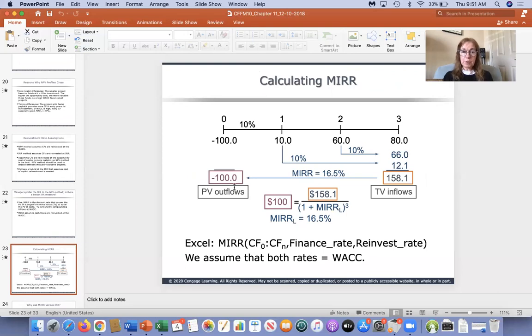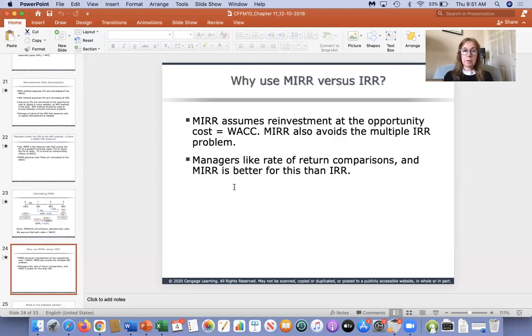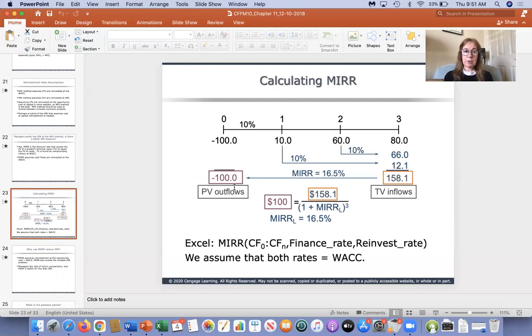So this looks confusing, but it's really not. You just have some steps here. With the modified internal rate of return, we're assuming that the cash flows are going to be reinvested at the cost of capital. So it gives us a more conservative estimate. There are two steps to calculating the modified internal rate of return.